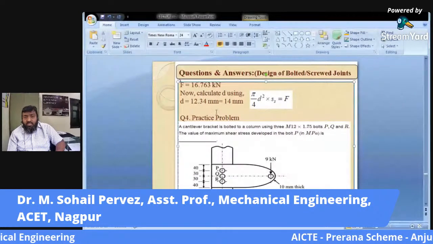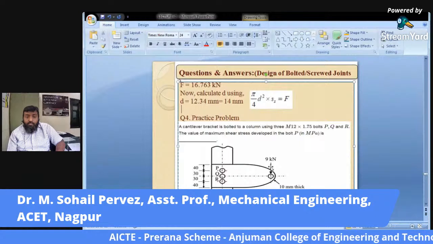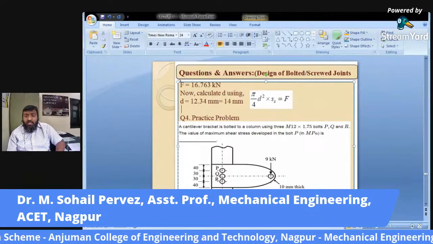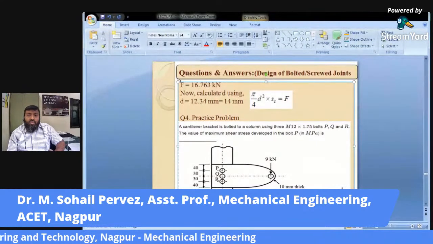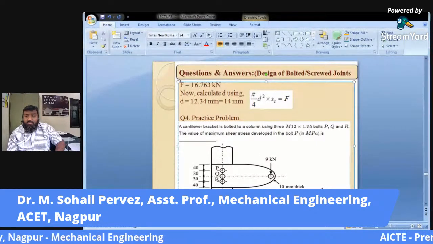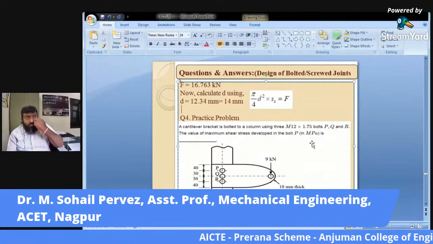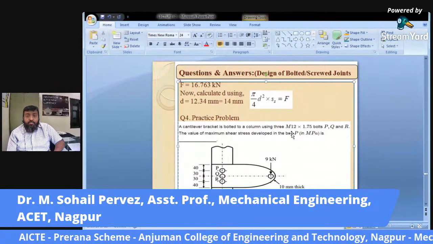The next problem is given for practice. Same problem with some different dimensions and numbers. Otherwise everything is the same. You have to calculate the maximum shear stress developed, and the bolt size is again given. So you can very well calculate it.